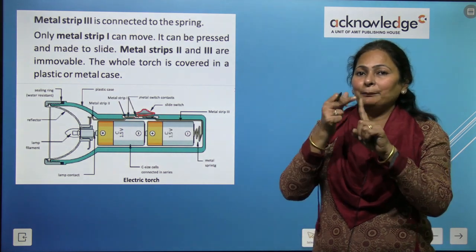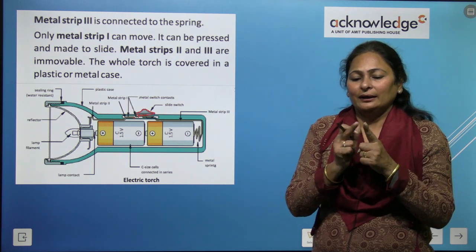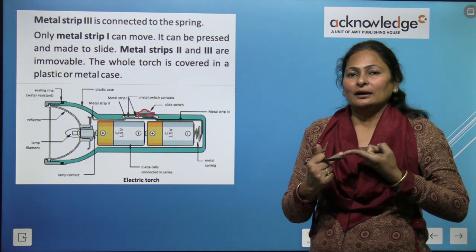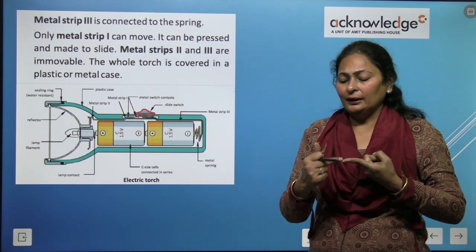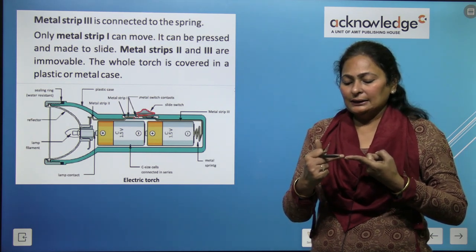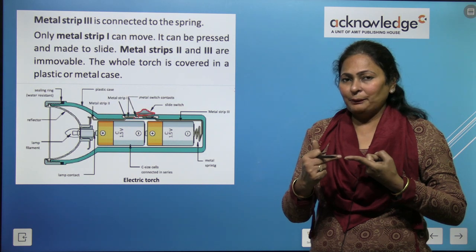There is a gap between these two, right? Like this is the ongoing circuit.